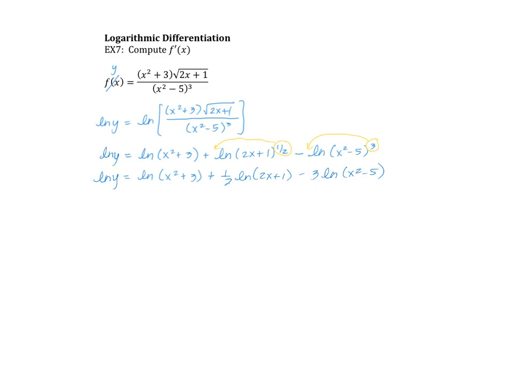When I take the derivative at this point, I have to take the derivative on both sides. The problem is here you have to remember natural log of y. Y is a function. So we have to use implicit differentiation.